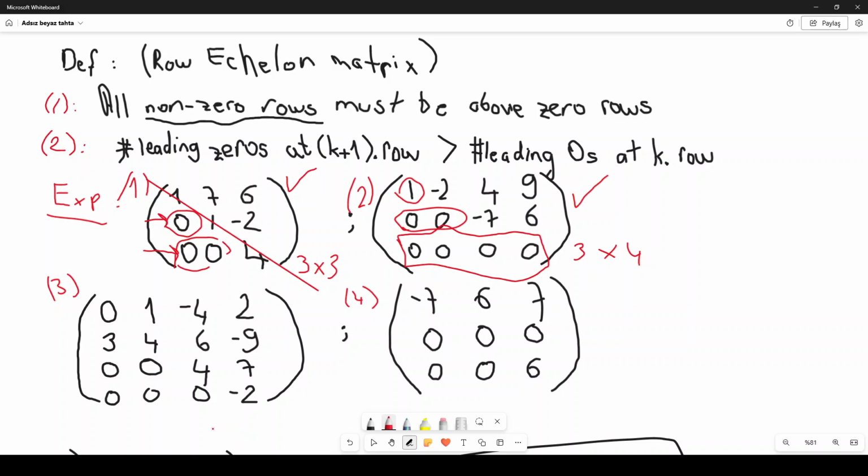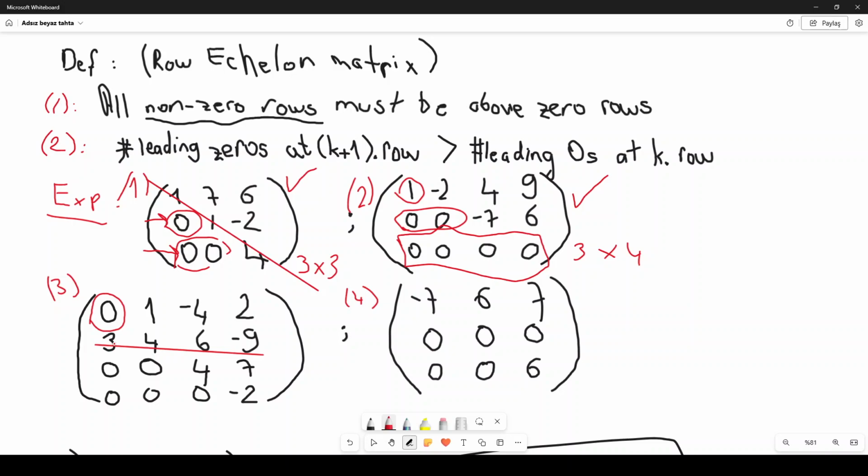Well, I'll look at the situation. There is no zero row here, so the first property is satisfied. There is no problem with that. But how about the second? We have 1 leading zero in the first row at the top, but look at the row right below the first row: we have no zero here, so the number of leading zeros is 0 in the second row of the third matrix.